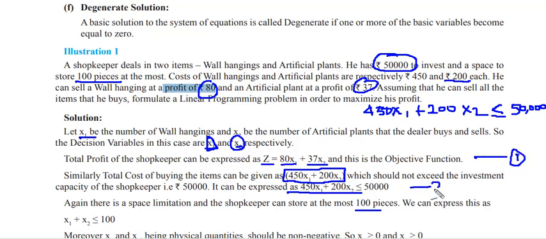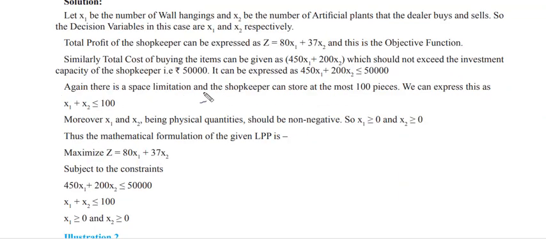This is the first constraint and this is the second constraint, right? Moreover, x1 and x2 being physical quantities, there should be a non-negative constraint. Means x1 should always be equal to or greater than zero. This is called the non-negativity constraint. Similarly x2 is again greater than or equal to 0.